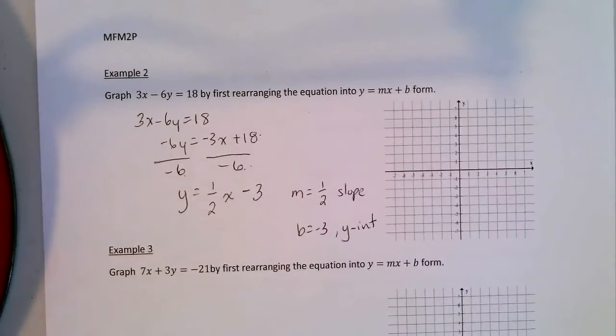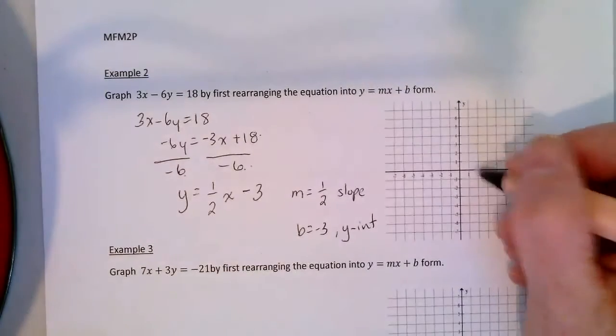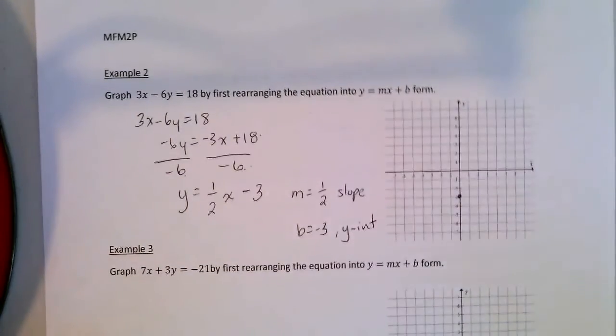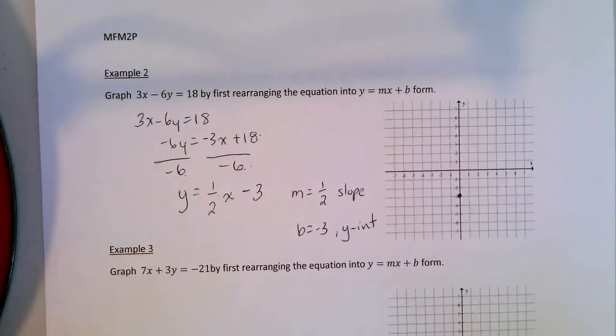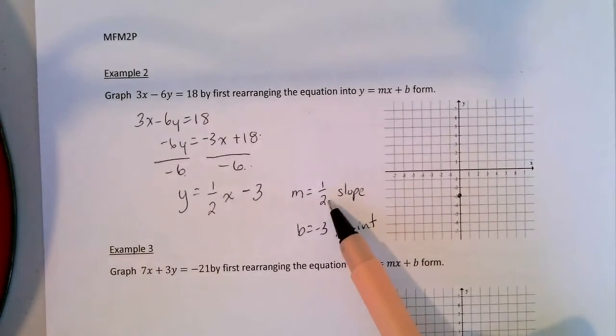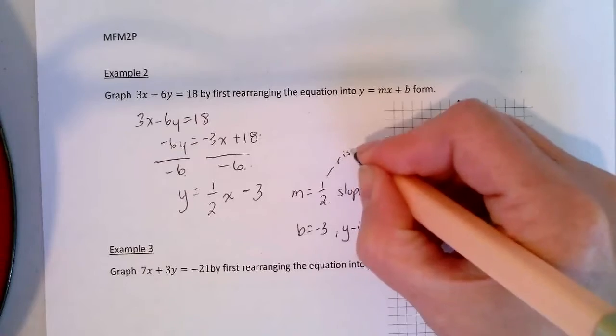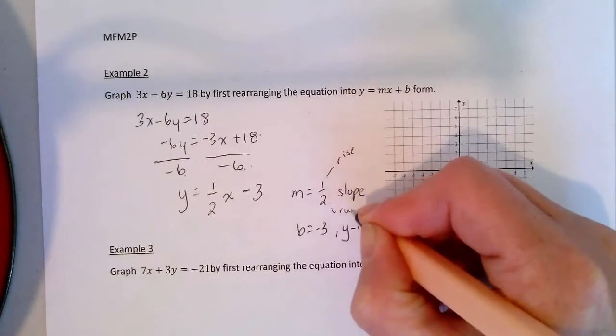So to quickly graph this, we go to the y-axis and we go to negative 3. This is a point on our graph. We find additional points using the slope. The slope is positive. That means both the rise and the run are positive. We are going to rise up 1, and the run is 2.